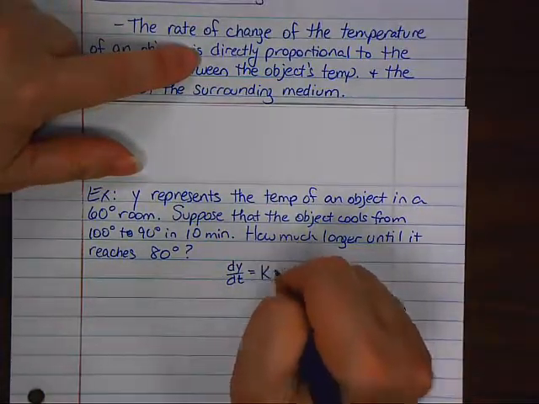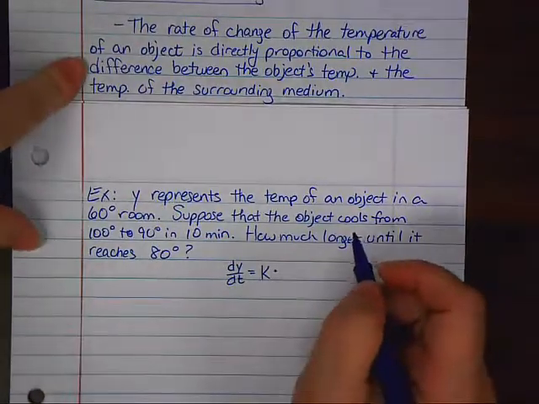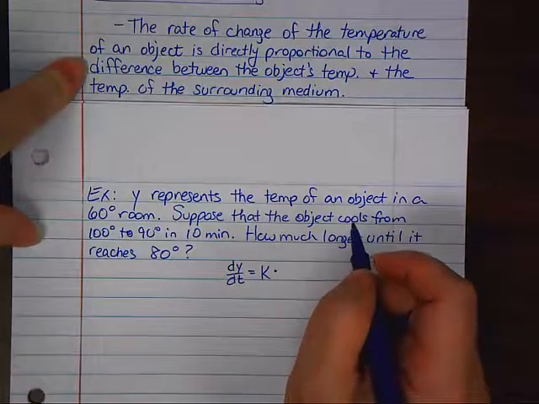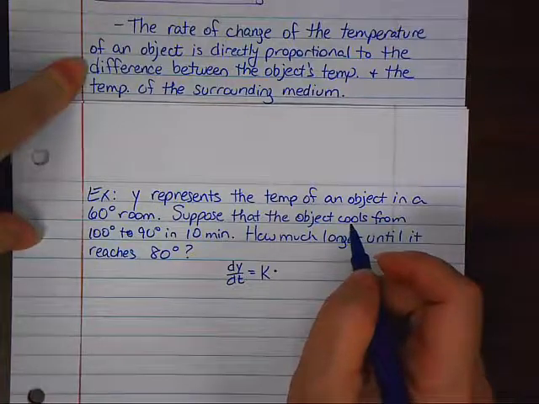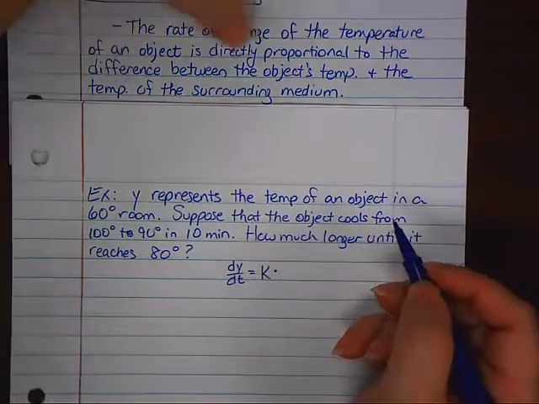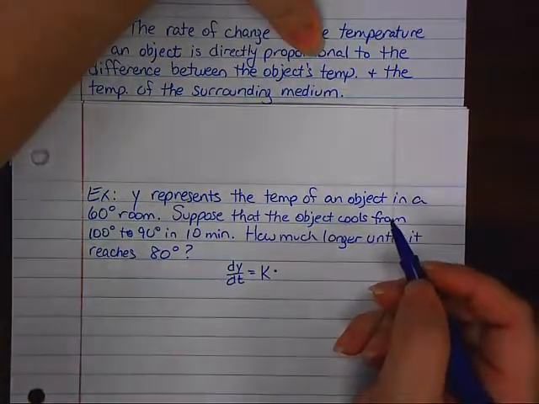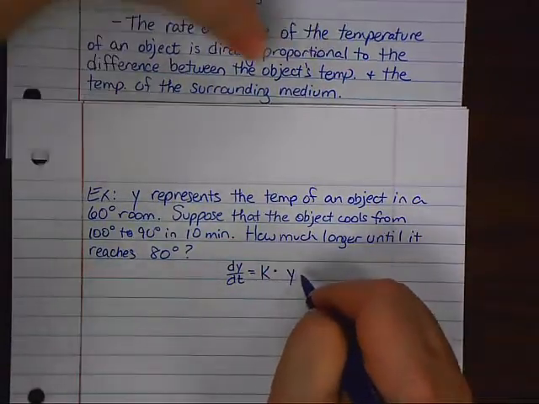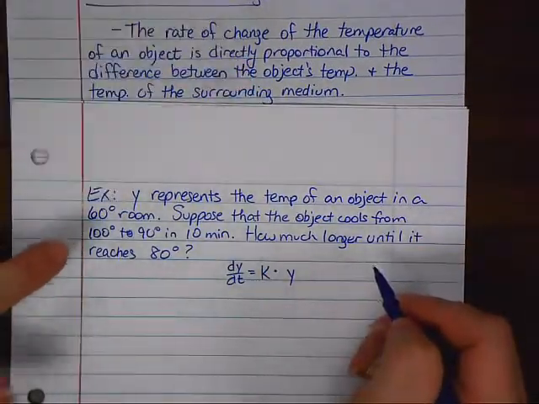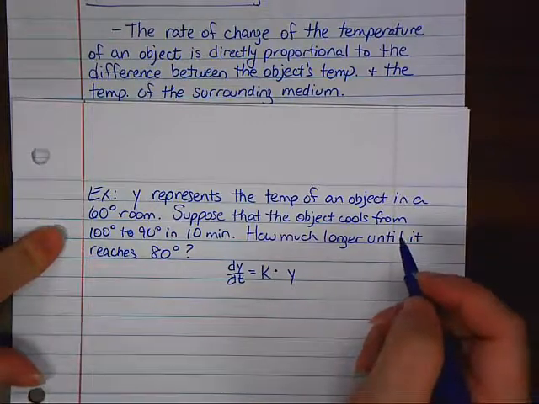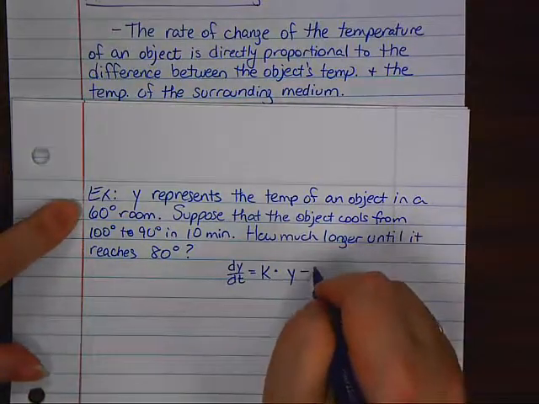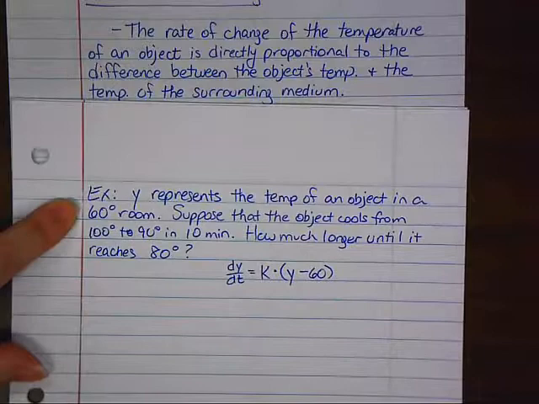K times the difference. Now listen carefully, what is difference in math? Subtraction. So I'm supposed to subtract the object's temperature, which is y, from the surrounding medium. What does the problem tell me the surroundings are? 60 degrees. So k times all of that.